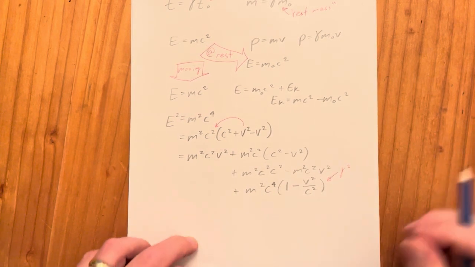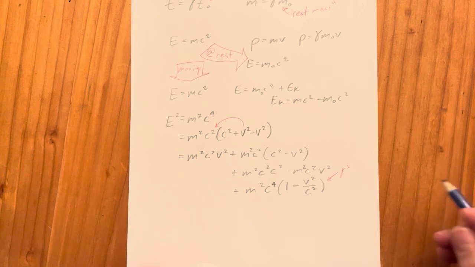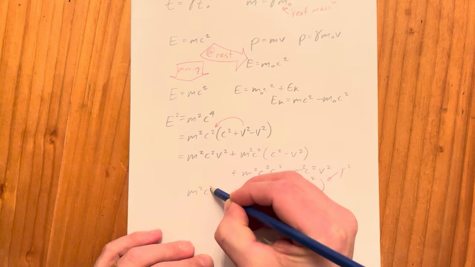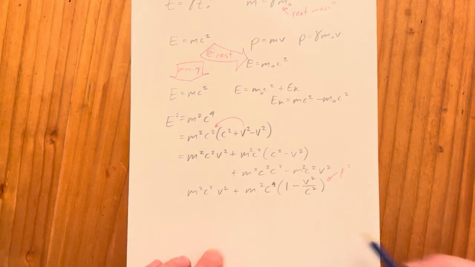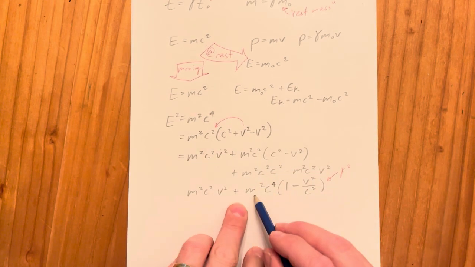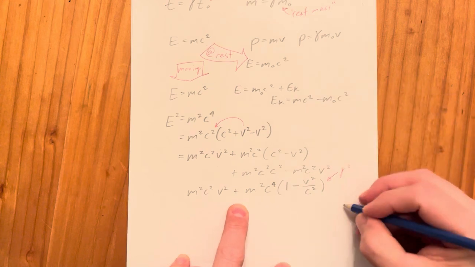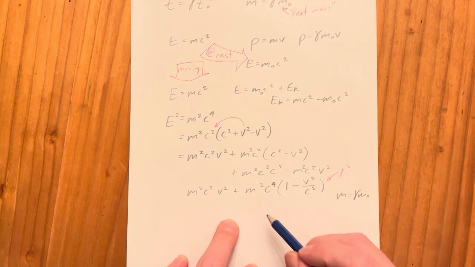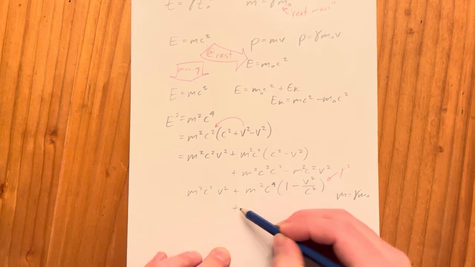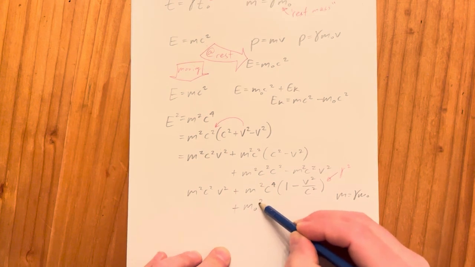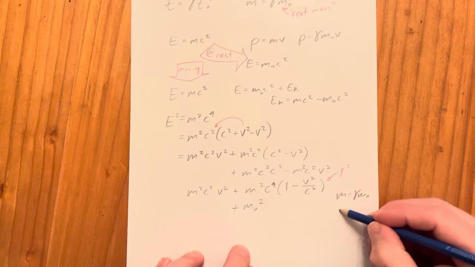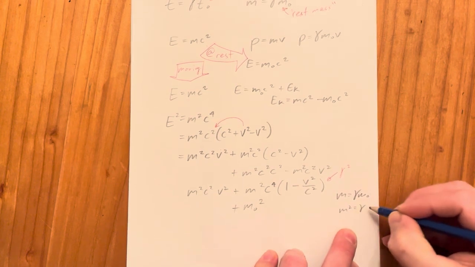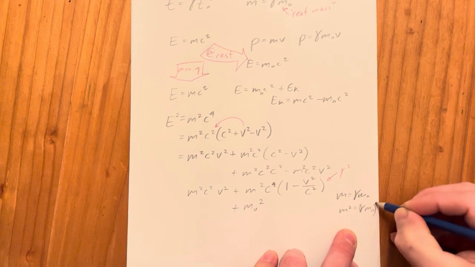And so if you say that, and this is still here, by the way. If you go back up and you go, okay, m is really gamma m naught, then you can say that m squared is equal to gamma m naught all squared.